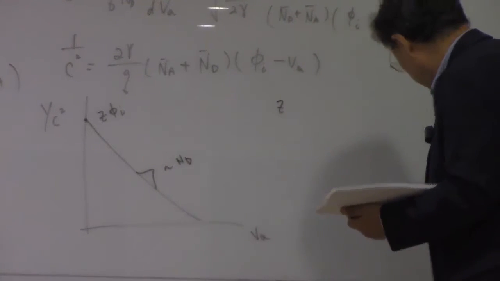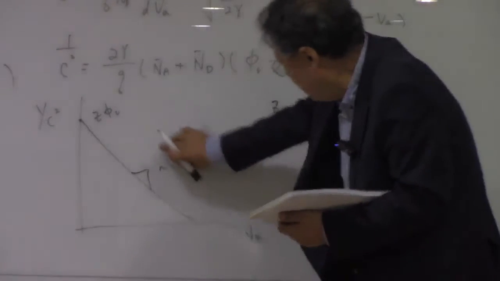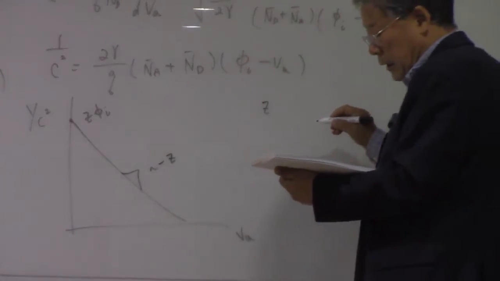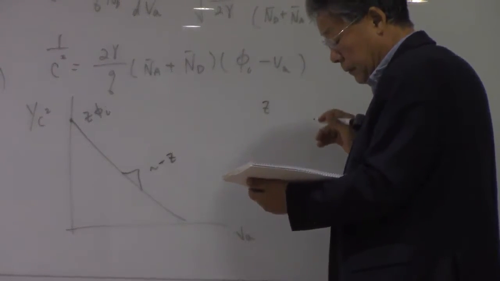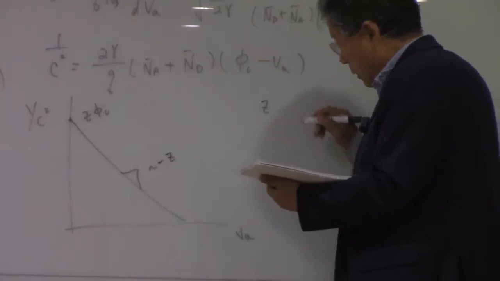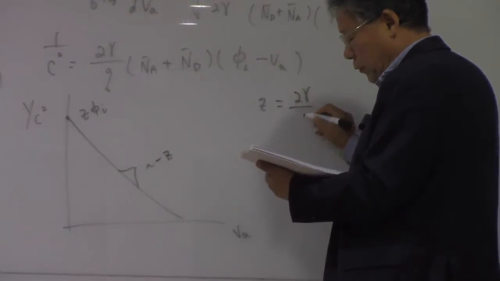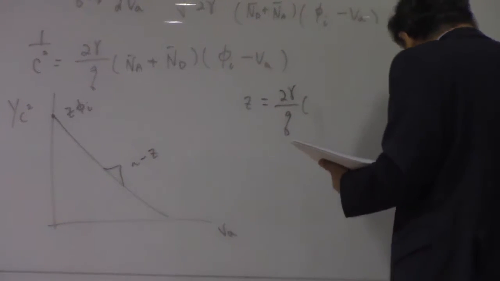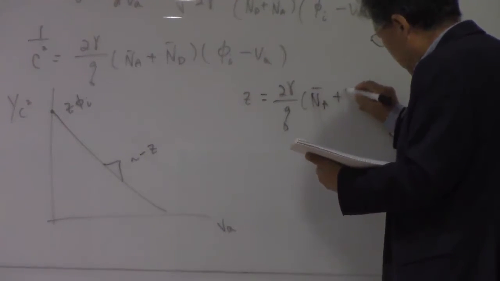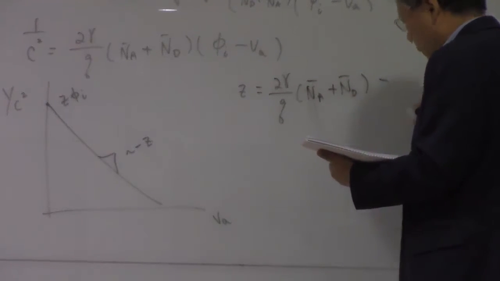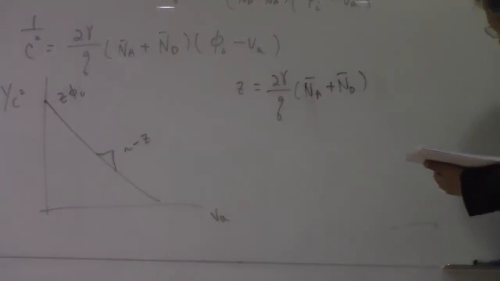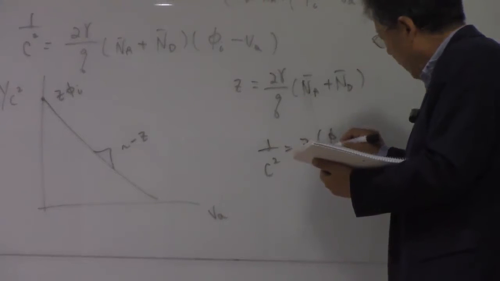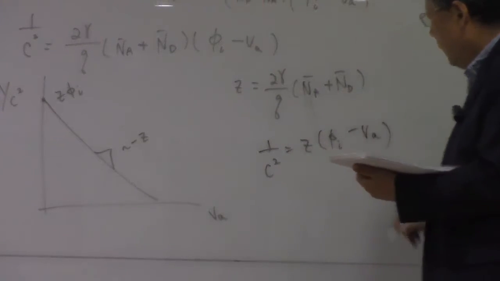This is related to the minus Z, where the Z is two gamma over Q, and N_A plus N_D. Okay. And then 1 over C squared now is going to be Z times phi_i minus V_A.